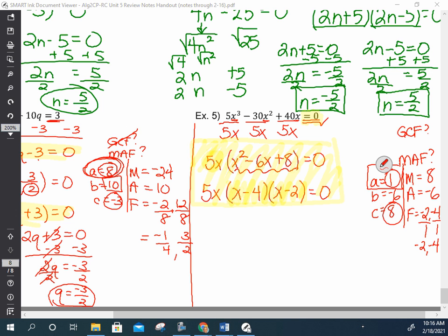Now we separate all the factors. There's 3 parts. So each part gets set equal to 0. And then we solve each part.